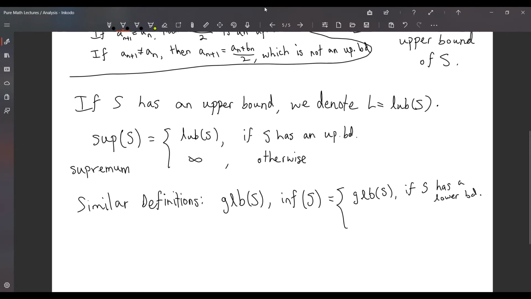Now, this is equal to negative infinity otherwise. And negative infinity, similar to infinity, is always less than an element of the real numbers.